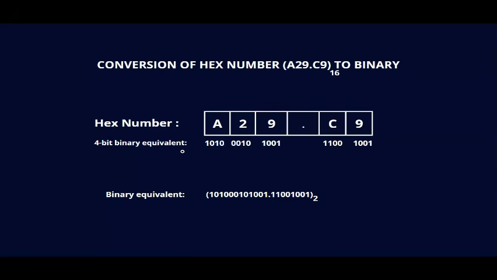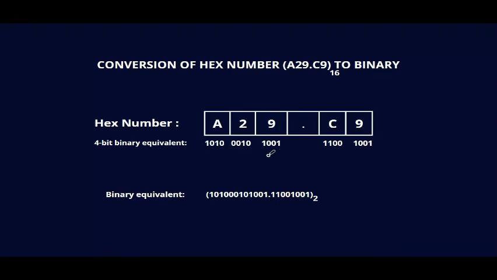Let us see the conversion of the hexadecimal number A29.C9 to its binary counterpart. Each of the hex digits is replaced by its 4-bit binary equivalent, or the nibble. So A, which is the hex number, its decimal equivalent is 10, and its 4-bit binary equivalent is 1010. And for 2, it is 0010.